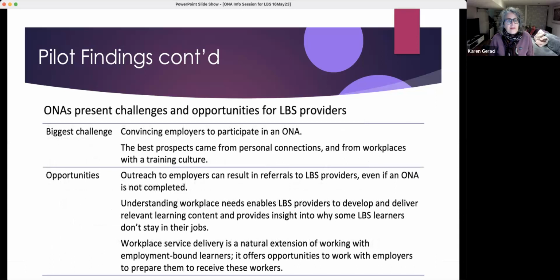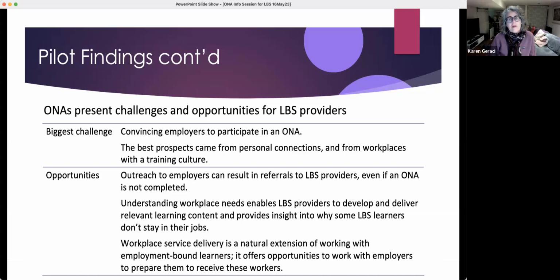We could also see, and I think that Christina alluded to this, there are challenges and opportunities for LBS providers. Biggest challenge was convincing employers to participate in an ONA. And the best prospects came from organizations that had connections with employers, may have been personal connections that individual staff members had, or just connections established over the years through the organization.